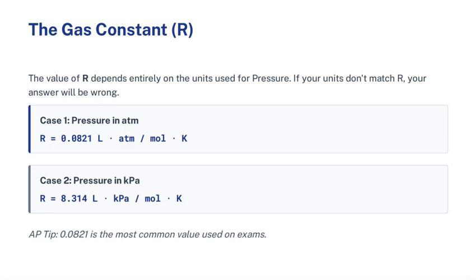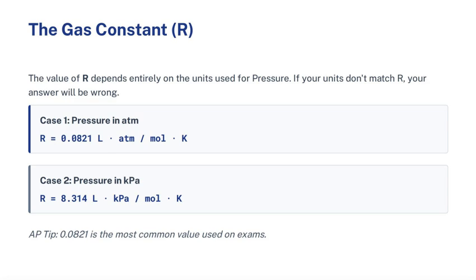But okay, so the gas constant depends entirely on the units used for pressure. And if the units don't match R, your answer will be wrong. So in case 1, pressure is in atm. There's multiple ways to describe pressure. But our second case is kPa.